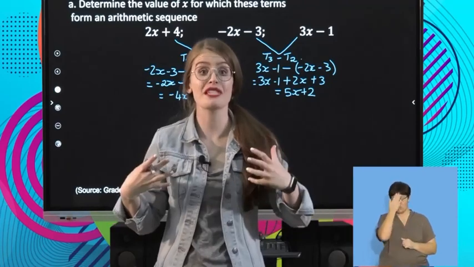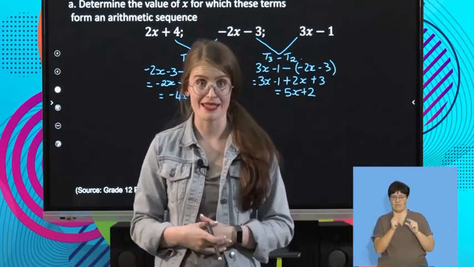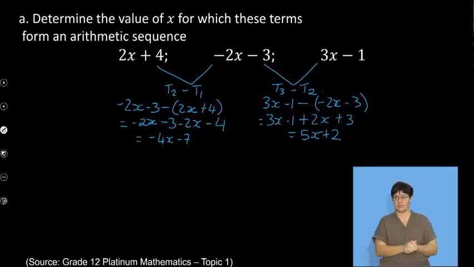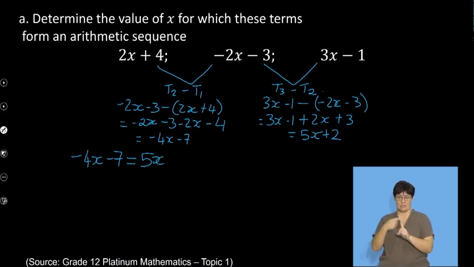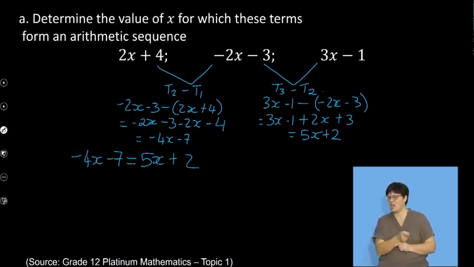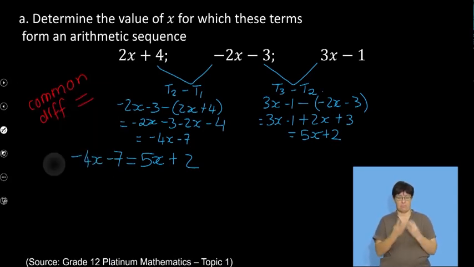We know that the common differences have to be equal, so we're going to use that to solve for x. Let's equate them together. So I'm going to say that negative 4x minus 7 has to be equal to 5x plus 2. If you're asking me why, common differences have to be equal. So let's solve for x.